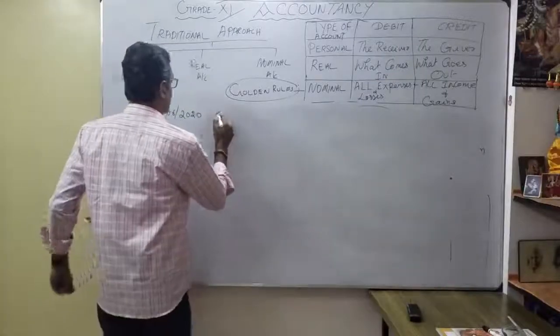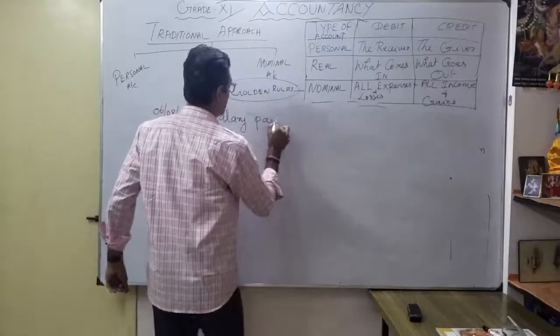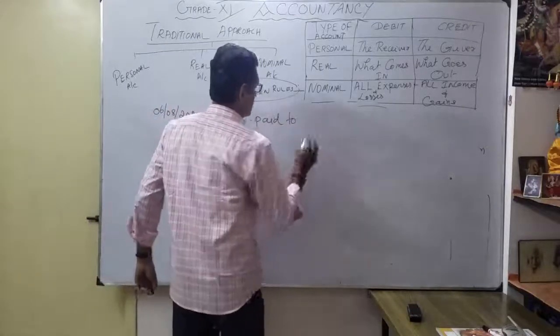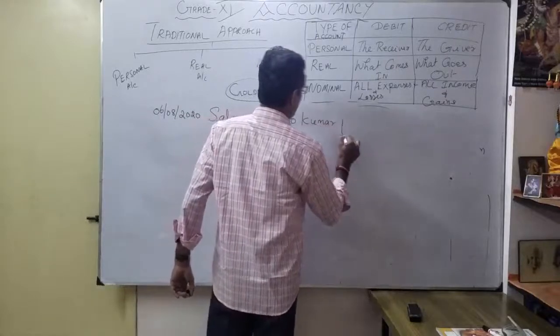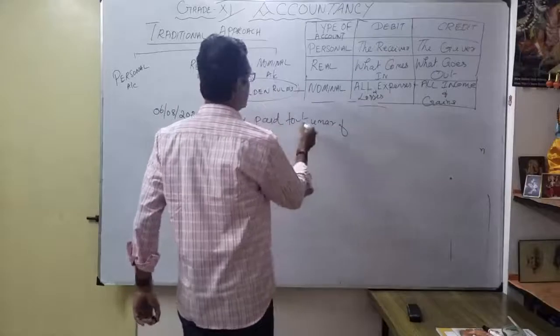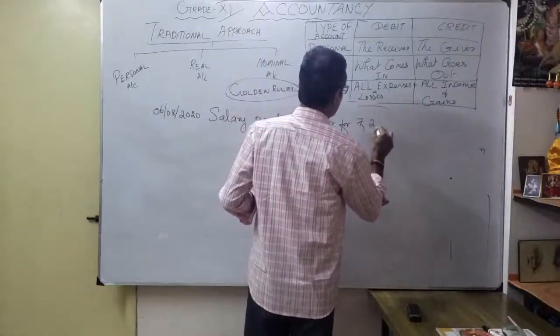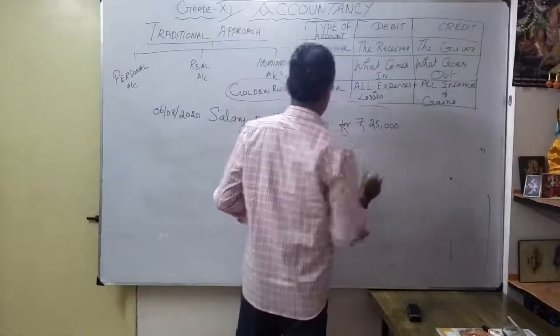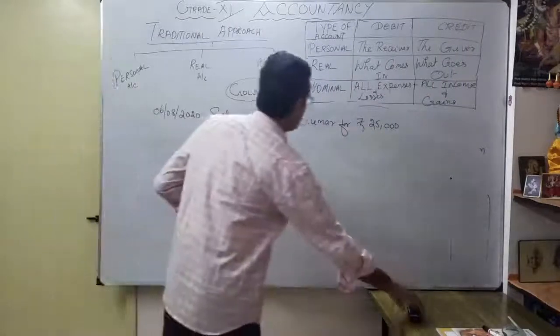So we have to write: salary paid to Kumar. For how much? Maybe 25,000. So salary paid to Kumar, you can put 25,000.